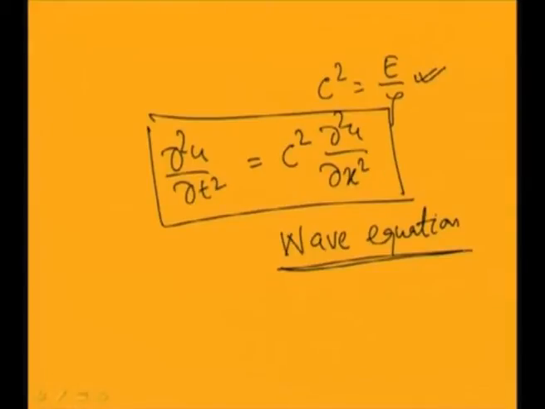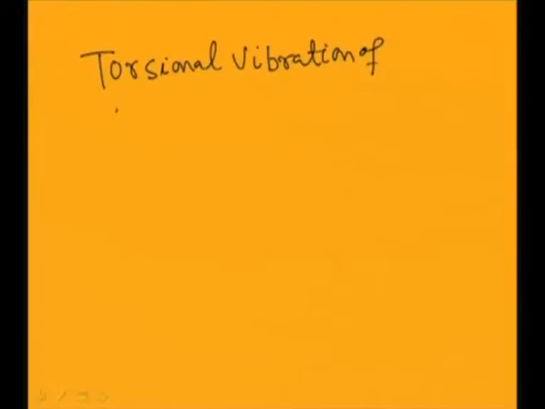So, let us now see other systems. In the case of torsional vibration of a shaft, let us derive the equation for the torsional vibration of a shaft. This is a shaft, like the rod you have already seen, which can rotate about its longitudinal axis.